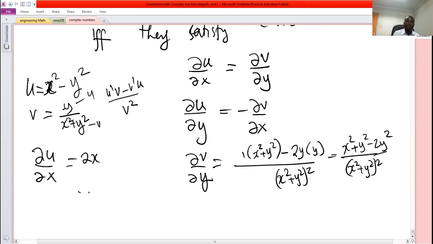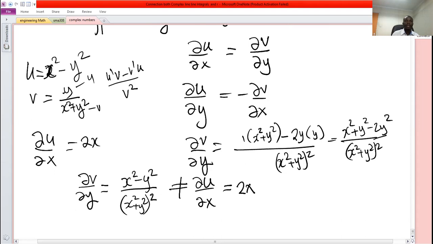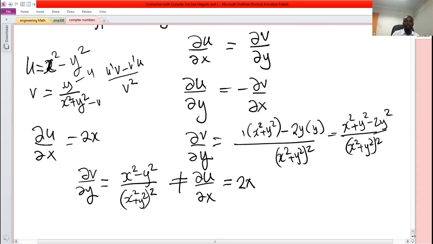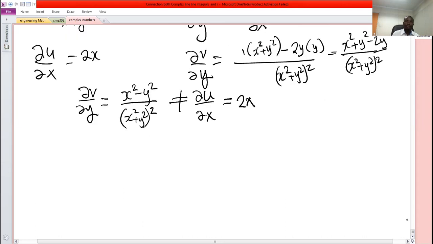When you simplify partial v partial y, you get x squared minus y squared over (x squared plus y squared) squared. But this is not the same as partial u partial x, which was giving us 2x. So this first equation is not satisfied. Once you can see that any of the two equations is not satisfied, then you conclude that the two functions are not conjugate harmonic.